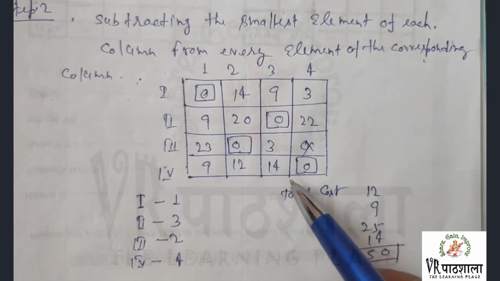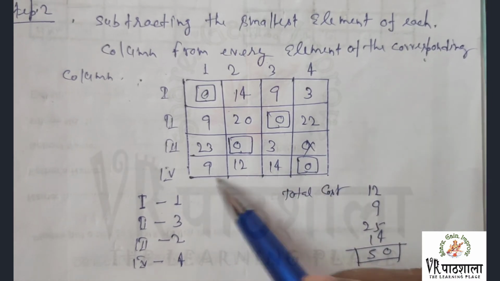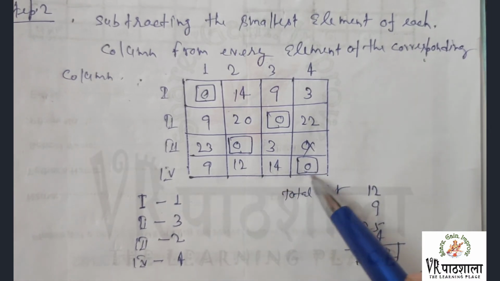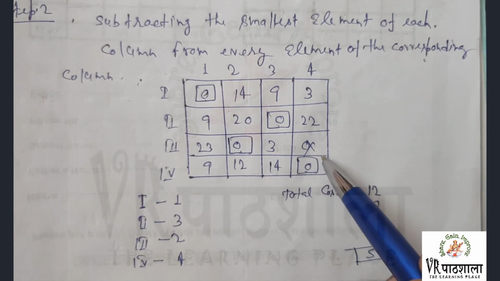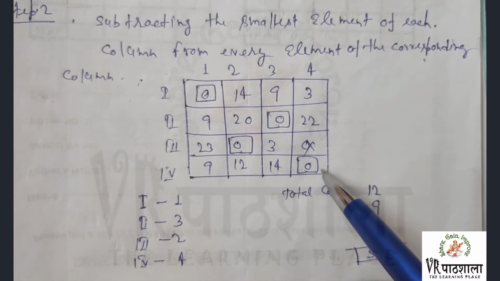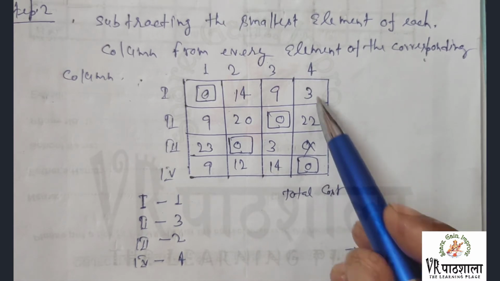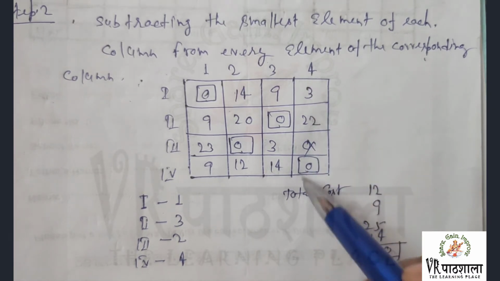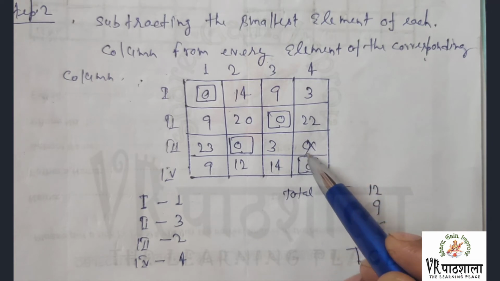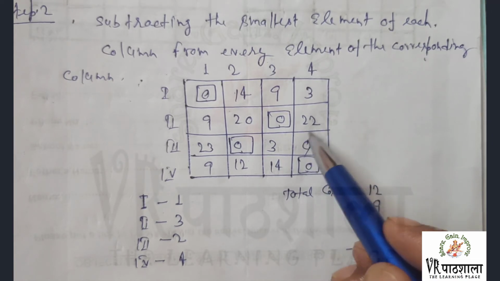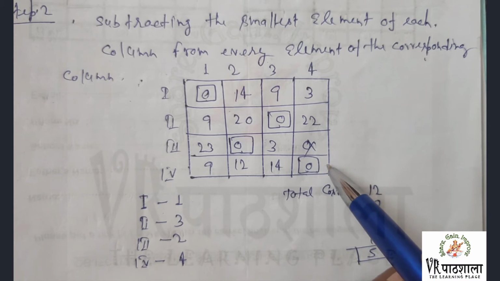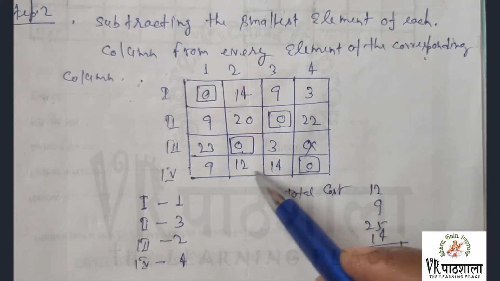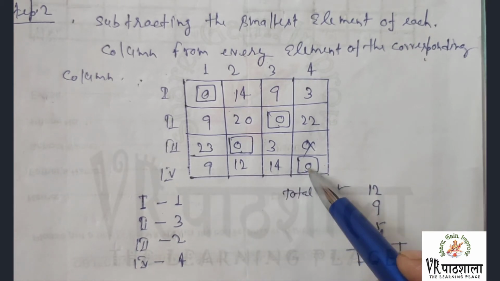Now the fourth row has only one 0, so we assign it. Now look at this, the corresponding column of this assignment, this 0 is cancelled, and in the row there are no other 0.